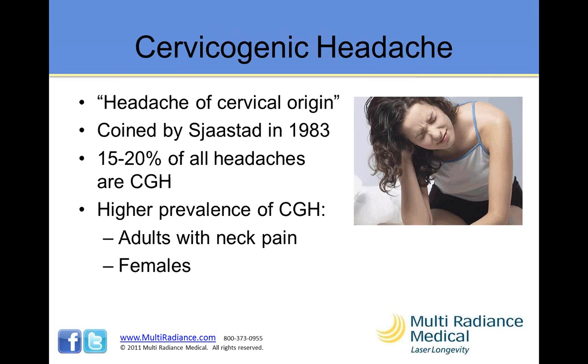In terms of the specific cervicogenic headache, we can define it literally as a headache of cervical origin. Dr. Sjaastad in 1983 actually coined that term, and they found that about 15 to 20% of all headaches are cervicogenic related. There tend to be more cervicogenic headaches in adults who have neck pain, as well as in females.